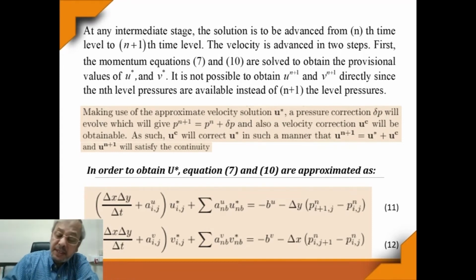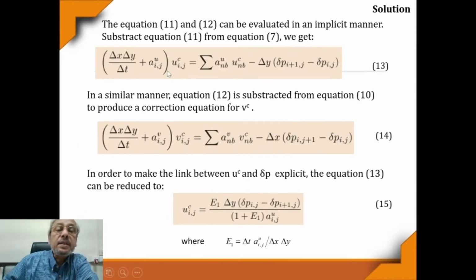If we subtract equation 11 from equation 7, we get this equation. Instead of u_ij at n+1, we are writing u_ij^c, the velocity correction, and exactly the same coefficients that were there with u_ij at n+1 are there.